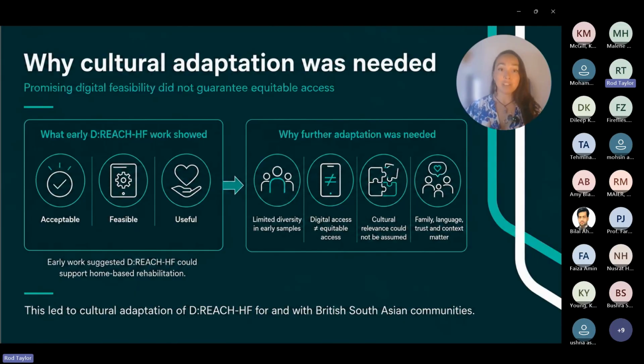Our British South Asian adaptation work may not be directly transferable to Bangladesh, Pakistan, or India, but the underlying lesson is important. Cultural adaptation needs to consider the whole path into and through rehab, not just the content or the interface. In practice, that meant for us, the adaptation process became much more relationship-based.